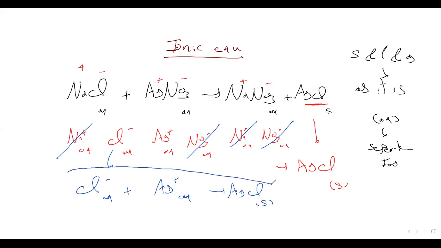This is the ionic equation. Again, solid stays the same, positive cancels with positive, negative with negative, remaining Cl negative and Ag positive give AgCl.